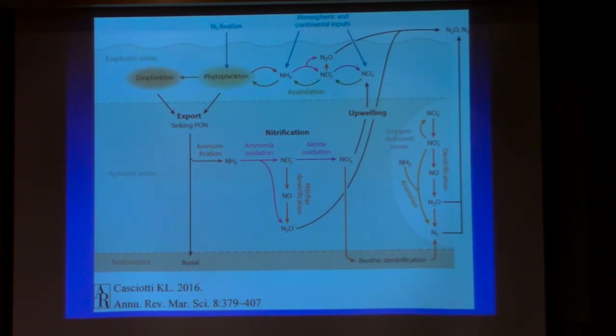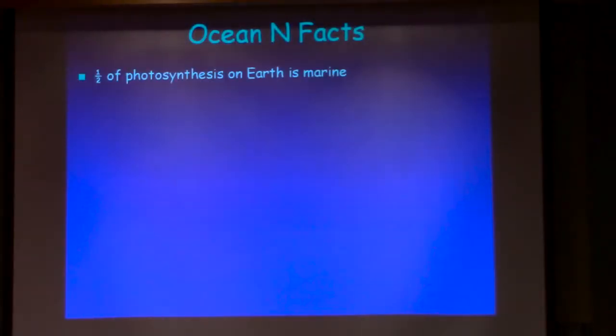That's regions where water circulation is slow plus production is very high. So there's segregation of these different reactions, and again, there's isotope effects associated with all of those that are quite complex.